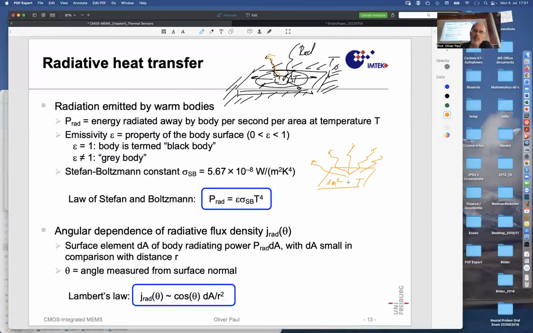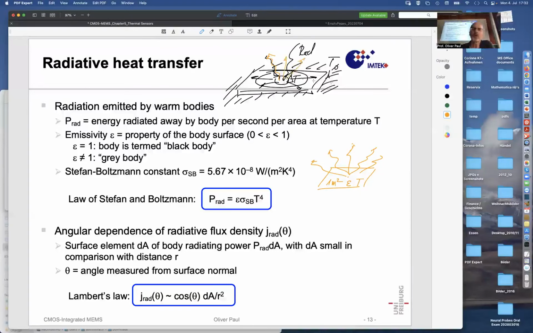Then this body may have a property called emissivity, epsilon. It may only emit a fraction, but that's because of its internal construction. That epsilon is going to be of the order of 1, 0.5, 0.2, some fraction of 1, never larger than 1, always smaller than 1. And that is what this body also emits.